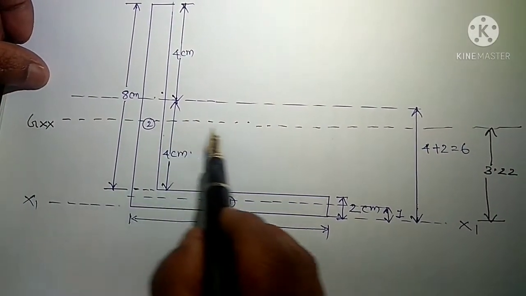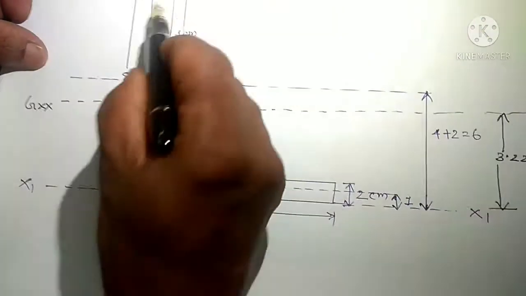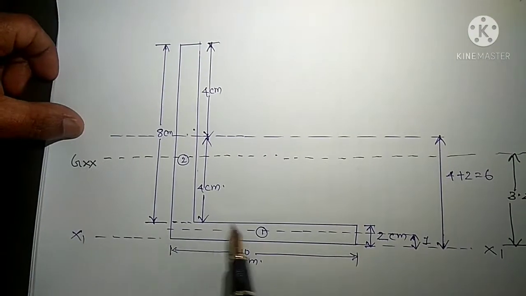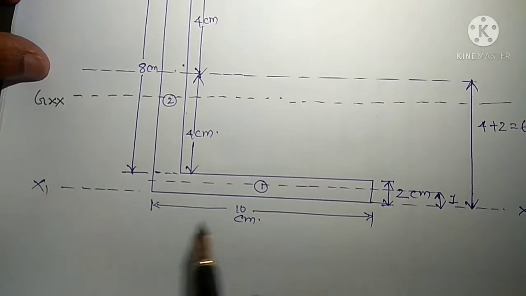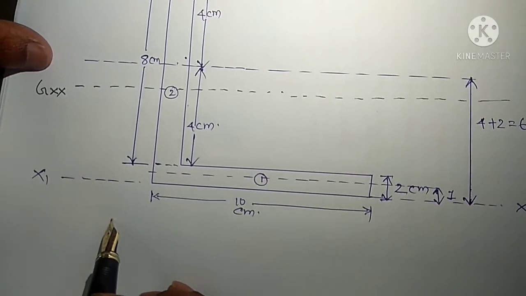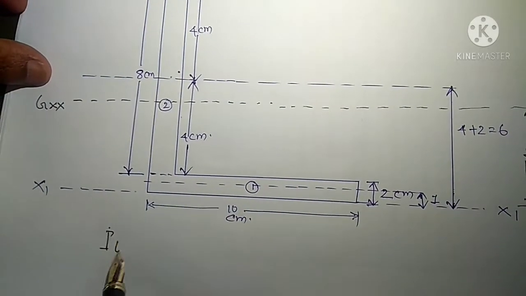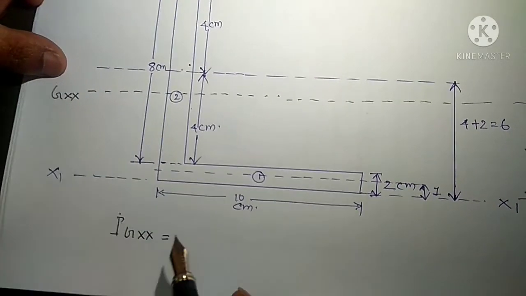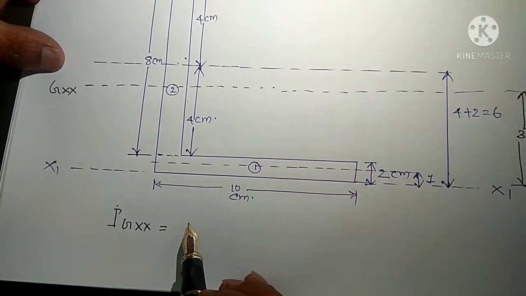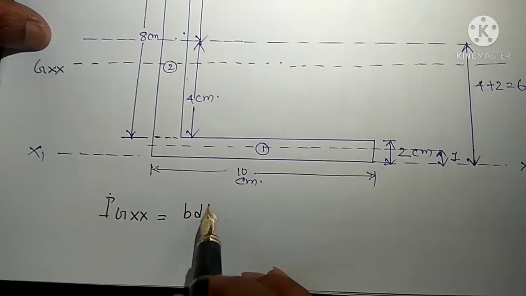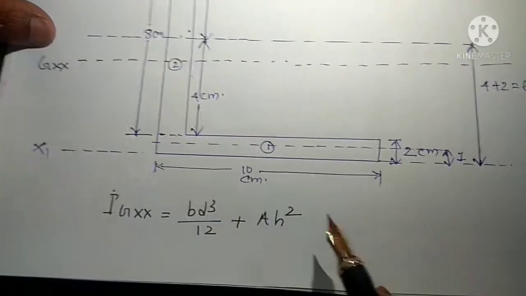With respect to this new reference axis, you have to find the moment of inertia of the whole component. I am taking the first component. What does the parallel axis theorem say? It says that if you are taking this as the new reference axis, Igxx is equal to the moment of inertia of the individual component about its horizontal centroidal axis, that is bd cube by 12, plus A h square.